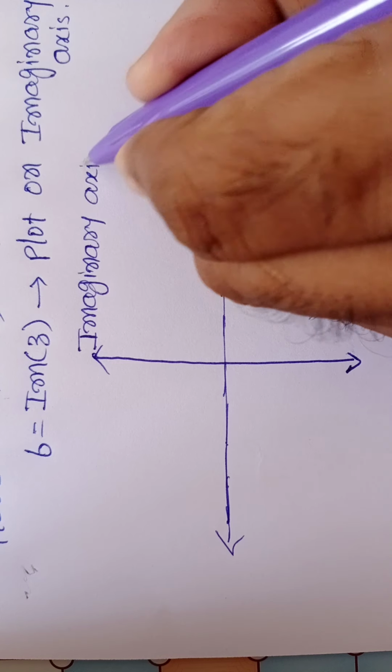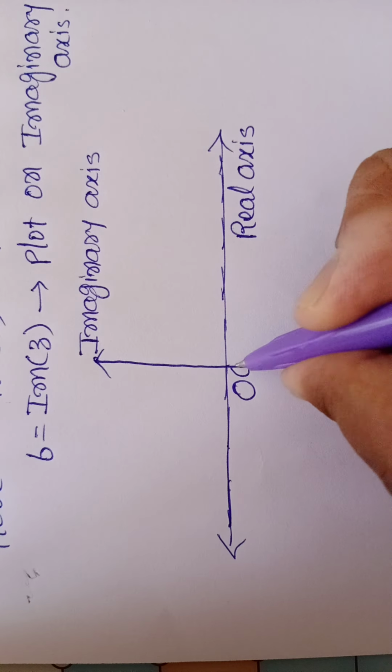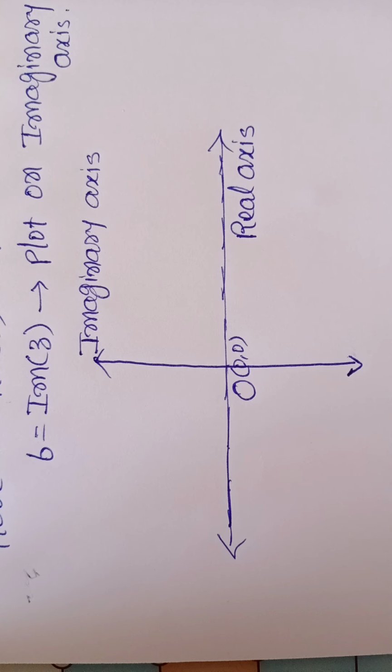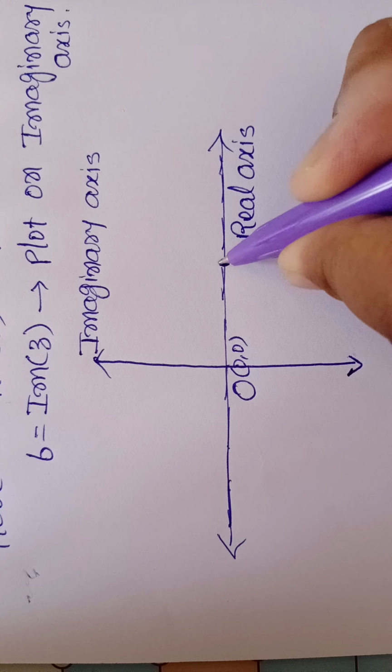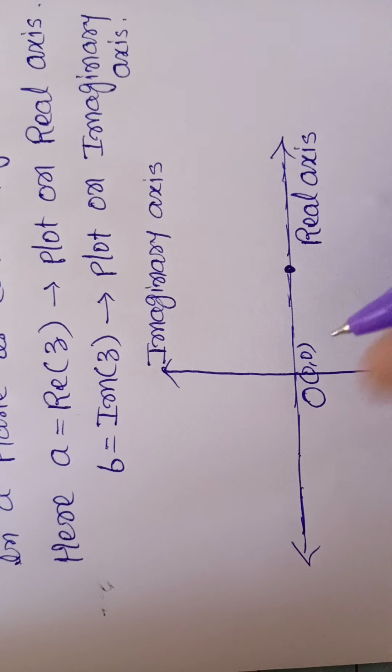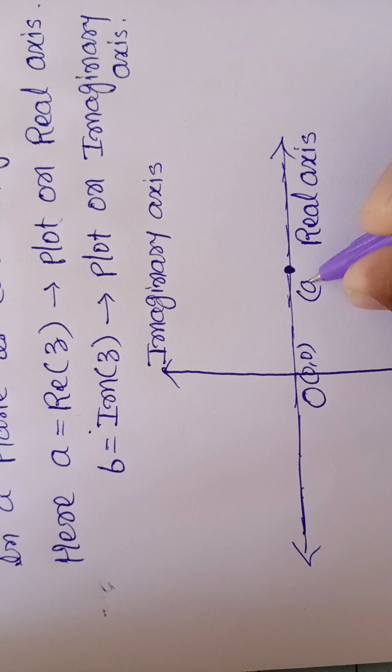Okay, this is origin O, and you know that origin means the coordinates are (0, 0). You know very well that. Suppose I plot A here, then from simple geometry, A is (a, 0).